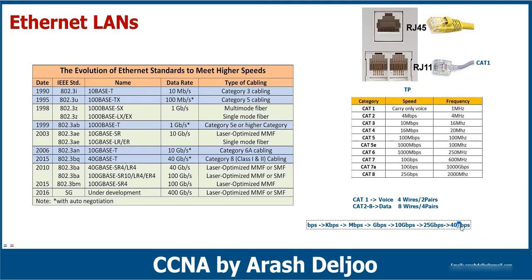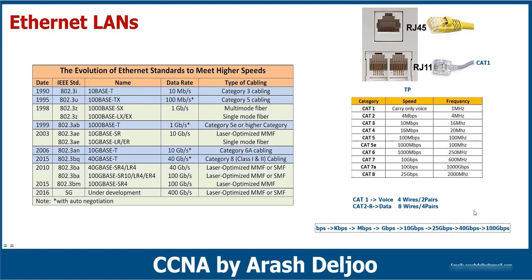And after that, today we have more than this speed, 100 gigabit per second, or maybe 400 gigabit per second. Okay, because of that, we don't say 10,000 megabit per second. We say 10 gigabit per second. In most cases, we don't say 1000 megabit per second, we say 1 gigabit per second. Both of them are the same, but normally we need to talk with the common terms. For example, gigabit per second, 10 gigabit per second, 40 gigabit per second.